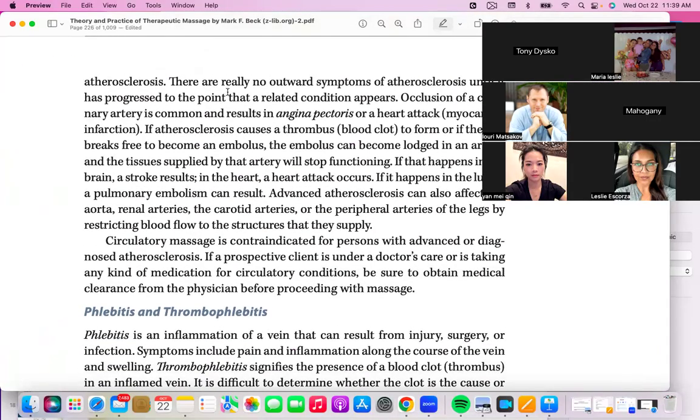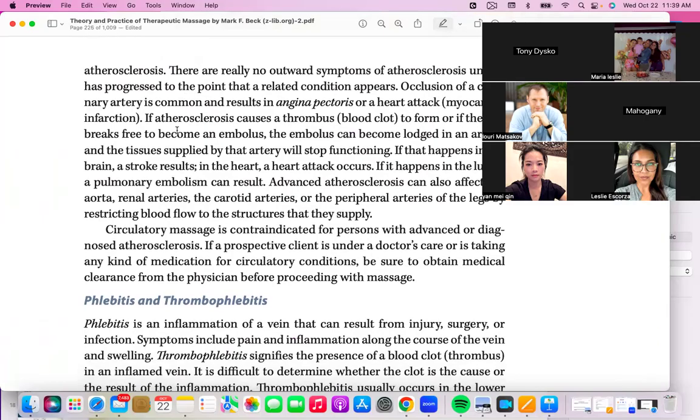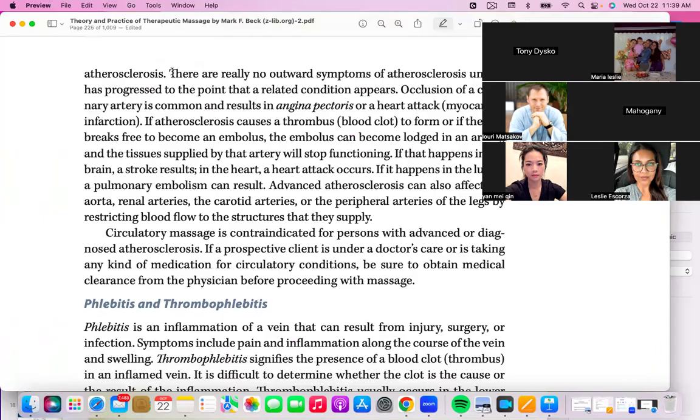Okay, what else? Here, this is important: other outcomes of this disease, once it has progressed to a point that a related condition appears, occlusion of the coronary artery.